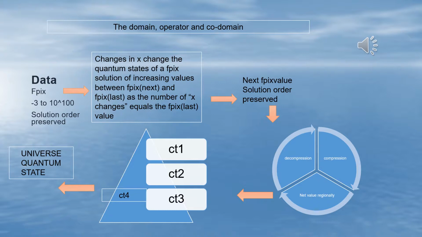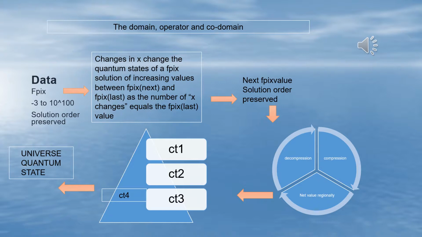The solution order is preserved as part of the generation of the data. The domain, therefore, is continually increasing in terms of quantity. There are two operations that affect this data. The pre-operator generates -3 numbers and generates a value of x from 1 to infinity, basically generating one -3 for every x generated. It also preserves the solution order of these generated results.